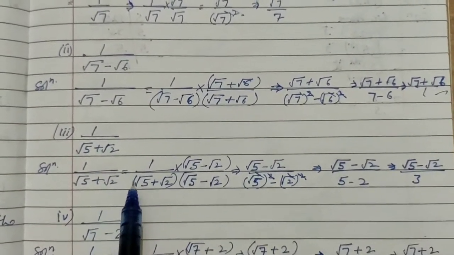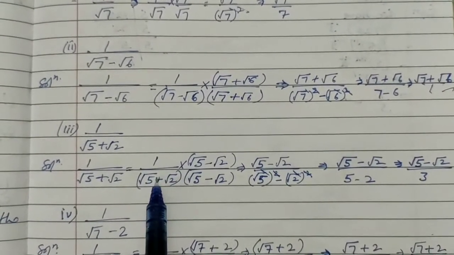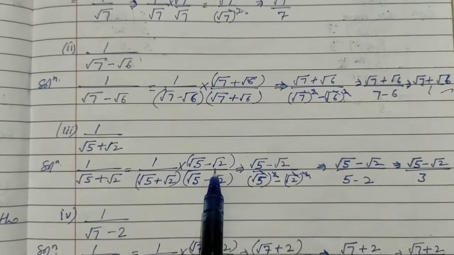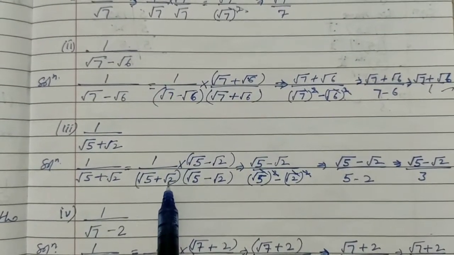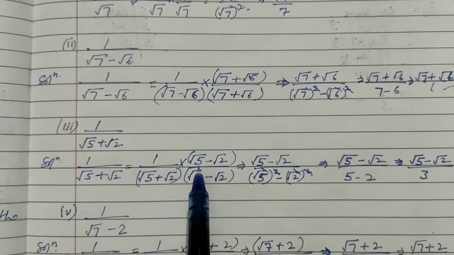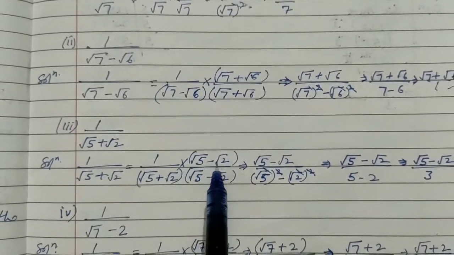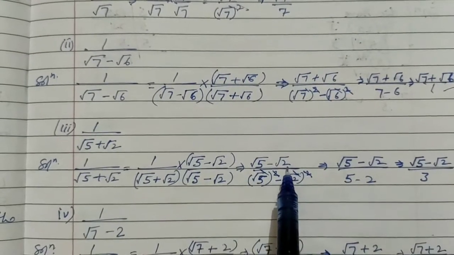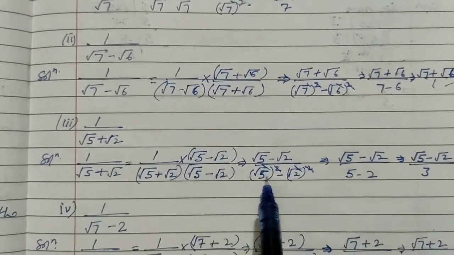So for rationalizing the denominator, we will multiply and divide the given number with the denominator with opposite sign. So here 1 by √5 plus √2 will be multiplied and divided by √5 minus √2 and √5 minus √2. So this √5 minus √2 into 1 become √5 minus √2, and this a plus b and a minus b becomes a square minus b square.